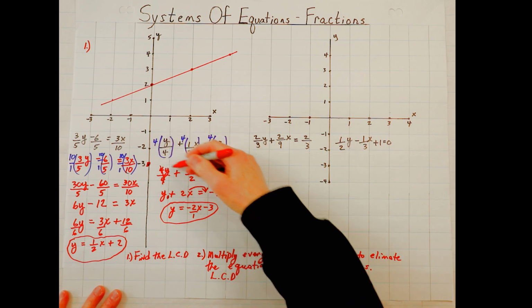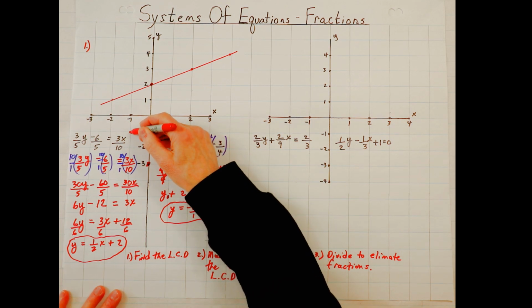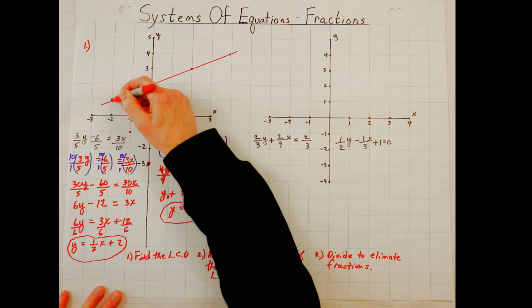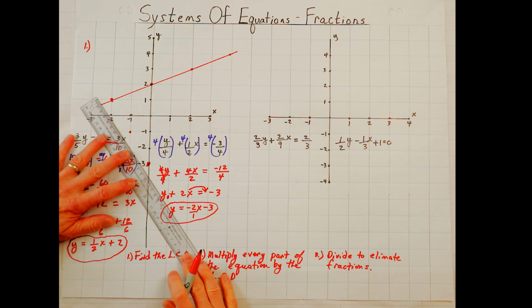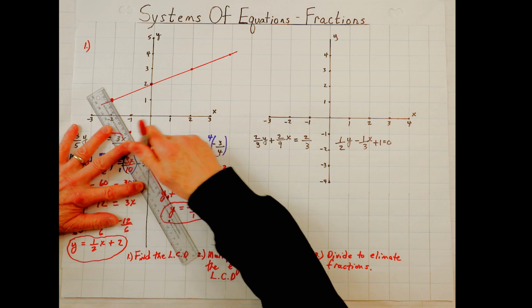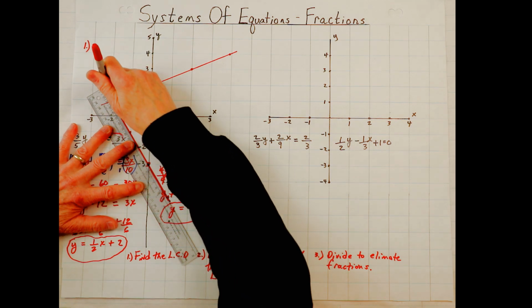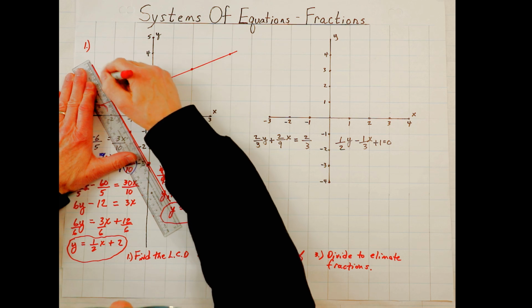So if I'm going the opposite direction, it's left 1 up 2. Left 1 up 2, like so. And there is my line. Whoops. And if I extended that, it would go up here like that.